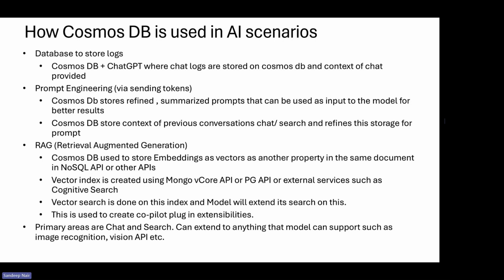It could be using any of those information and then generating responses using your data. Of course, you can also extend all of these by using image recognition and vision and other stuff. So these are the two or three use cases where you could use Cosmos DB and OpenAI together.